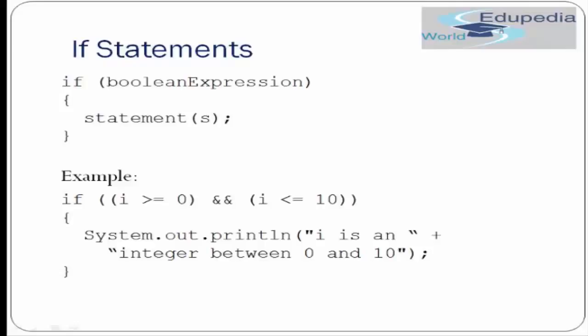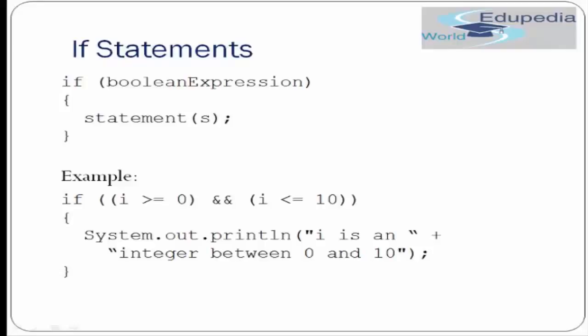Let's see an example. In the example, you can see we are checking if i is greater than or equal to 0 and i is less than or equal to 10. This is a condition. Since we are using the AND operator, this will make sure both the conditions should be true. If both of them are true, then and only then will the if block get executed.